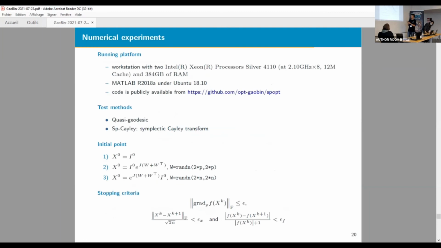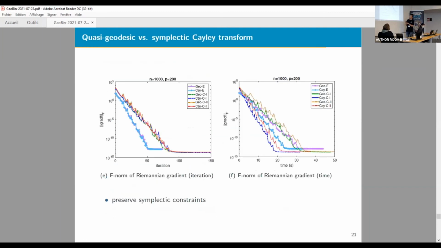Here is some basic numerical result. You can see we optimize a function, and the gradient of this function can be reduced, and also in time it has a very good performance.